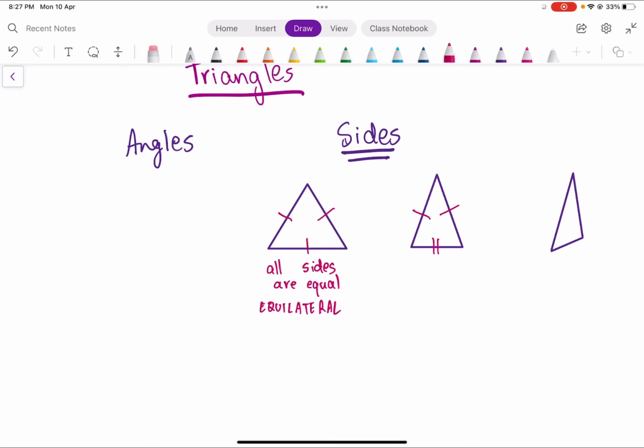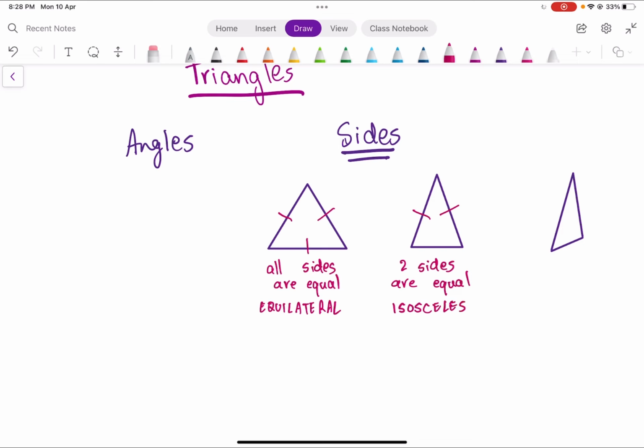This one is not equal, meaning only two sides are equal. So this type of triangle, we call an isosceles triangle. Did I spell that right? Yeah, I did. Isosceles.